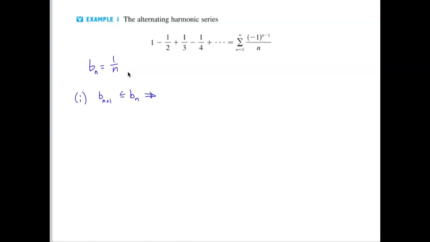So can we show that here? 1 over n plus 1 is less than or equal to 1 over n. Is that true? And if it's not immediately true, you can just do some algebra. In this case, I could cross multiply, and I would get that n is less than or equal to n plus 1, and that is definitely true, right?